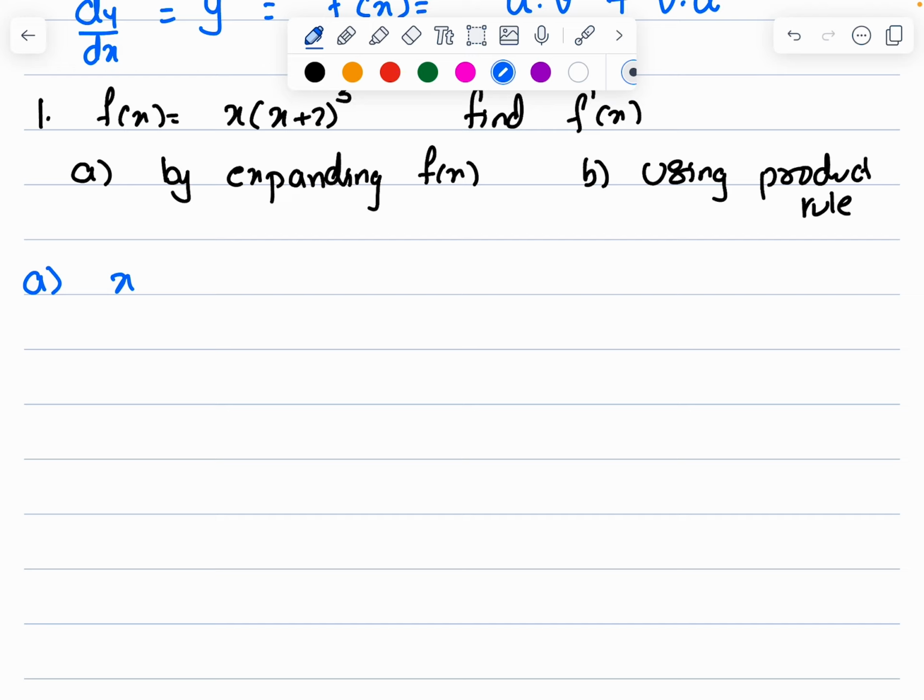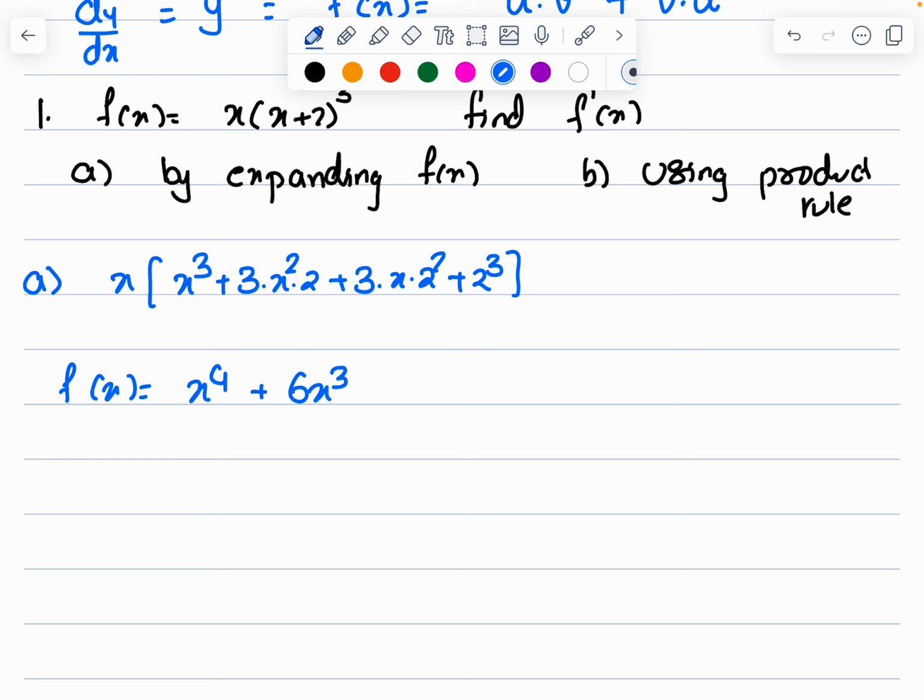So (a plus b) whole cube is a cube plus 3a square b plus 3ab square plus b cube. So when I expand, what do I get? f of x equals x power 4 plus 6x cube plus 12x square plus 8x.